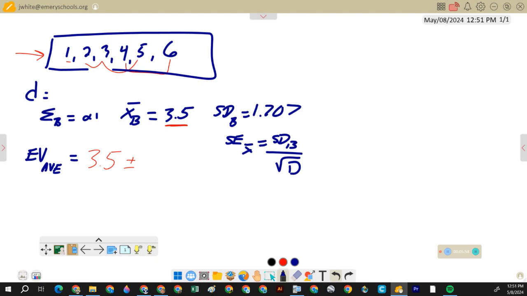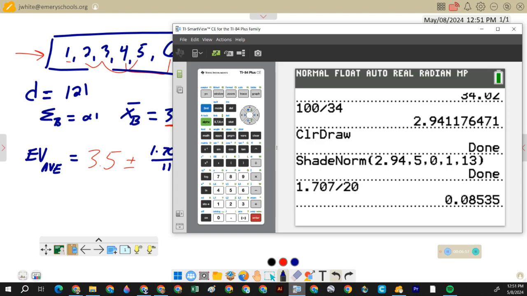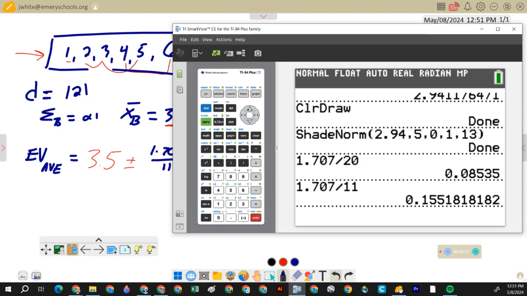Let's change this to 121. So I'm going to draw 121 times, and I want to know what should happen. So this is going to be 1.707 divided by 11. And I get 0.155.